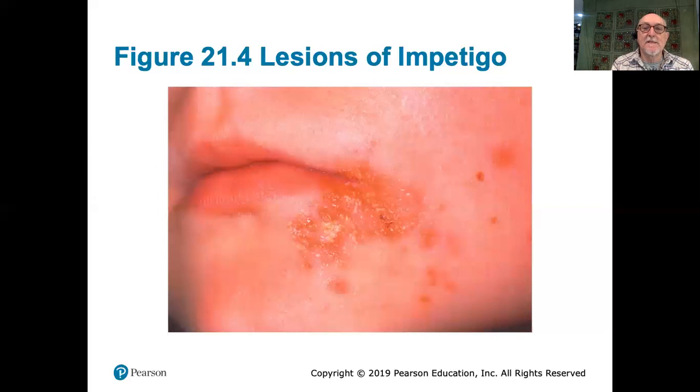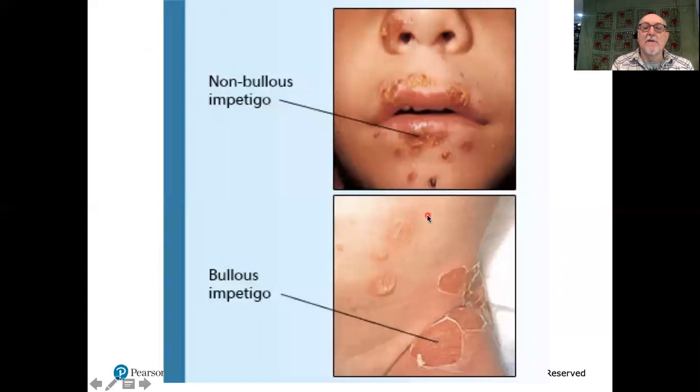Okay, so this is what impetigo looks like. It's a superficial exfoliation, and typically you can see that probably this kid has been scratching and is spreading it around. So this is the typical impetigo. You can see it can form pustules as well, like this.